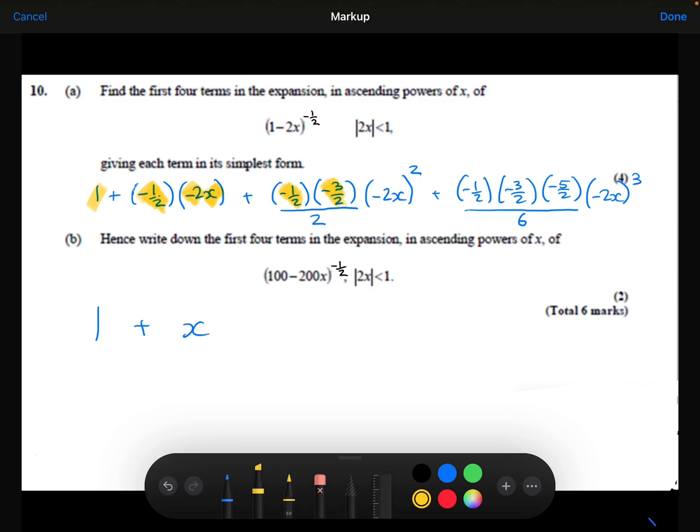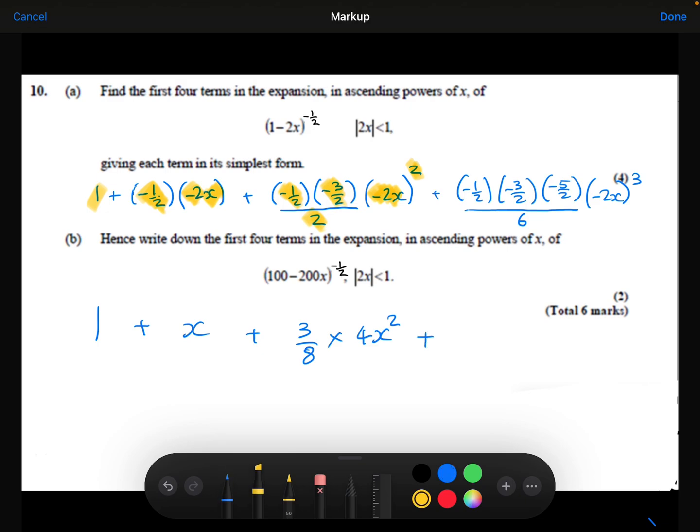The half times the 3 over 2 will be 3 over 4, which is then going to get divided by the 2 to be 3 over 8. We are then going to have the 3 over 8 that gets multiplied by the minus 2x squared. The minus 2x times minus 2x gives positive 4x squared.